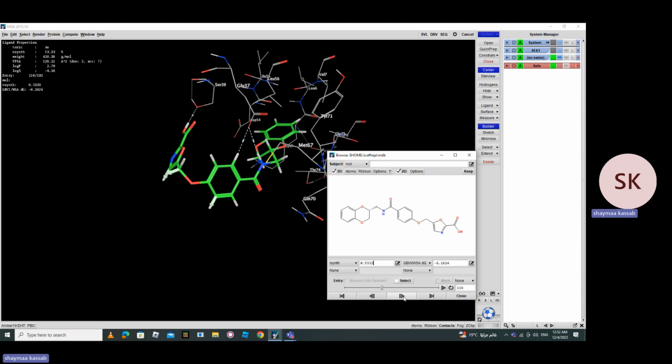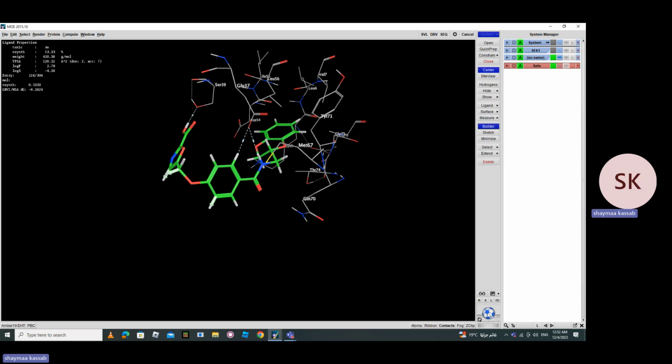Yeah, here we have another compound. This is nice because now we have two compounds. I think the first one was imidazole or triazole, I do not remember. But this one is an oxazole ring, and it forms a hydrogen bonding force with serine.